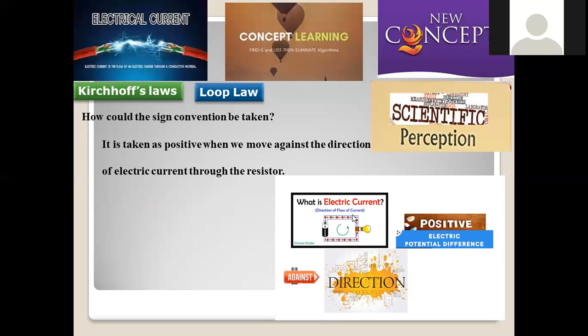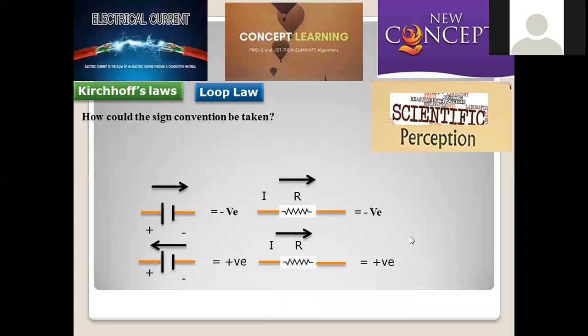If the electrical current is moving counterclockwise and we are assigning the potential difference in the clockwise manner, that means opposite, then the potential difference will be assigned as positive. EMF will be positive here. In this way, the sign convention can be assigned. And this is a representation where the sign convention for the resistor is provided.